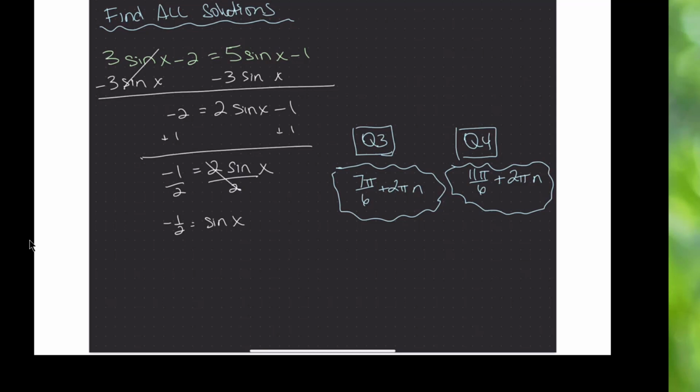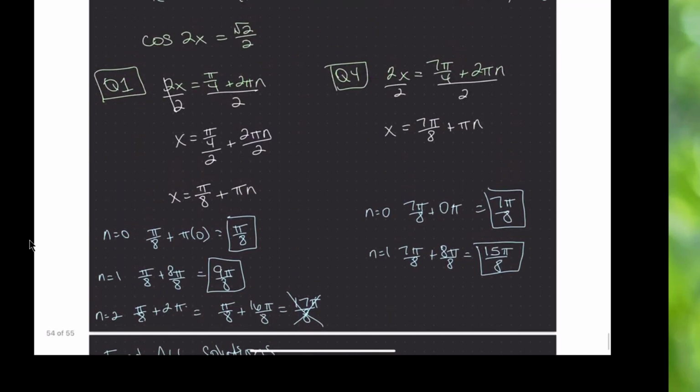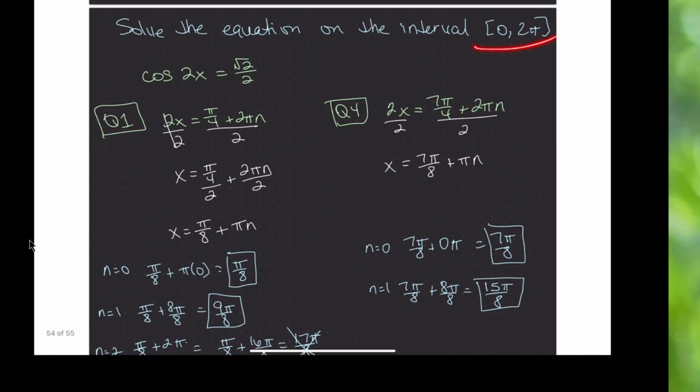You don't go to 0, because they didn't give you an interval; they wanted you to find all of the solutions. So if they want all of the solutions, you're always going to end with that n. But if they give you a certain interval, like between 0 and 2 pi, then that's when you start plugging in values for n.